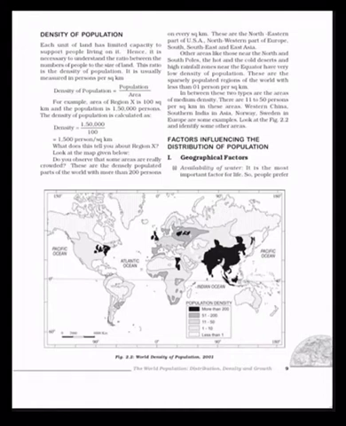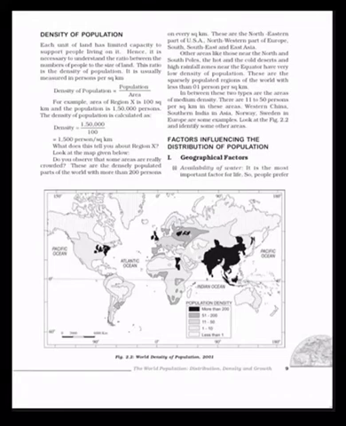So people are usually attracted to fresh water, or where water is available, it attracts people a lot. So the first geographical factor is availability of water. It is the most important factor for life.